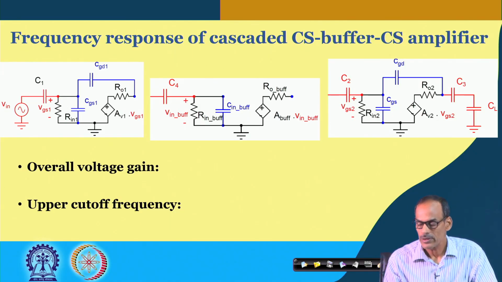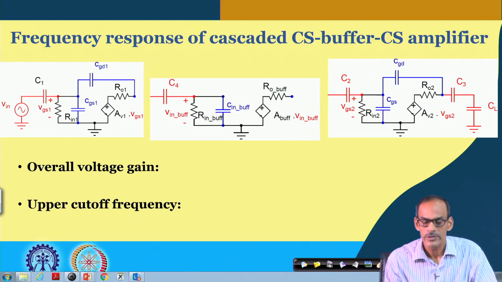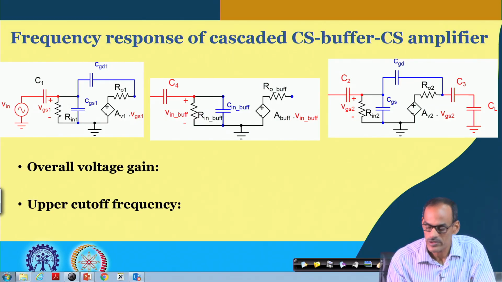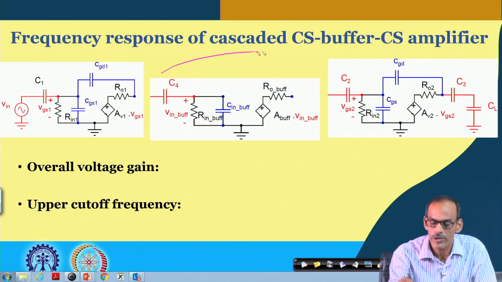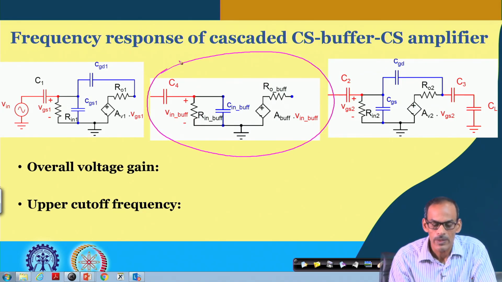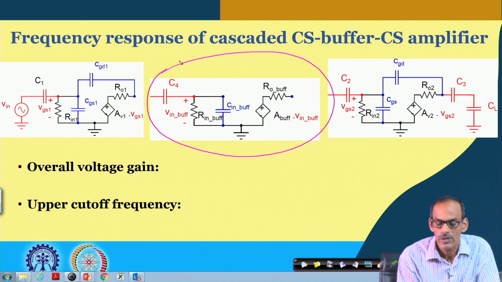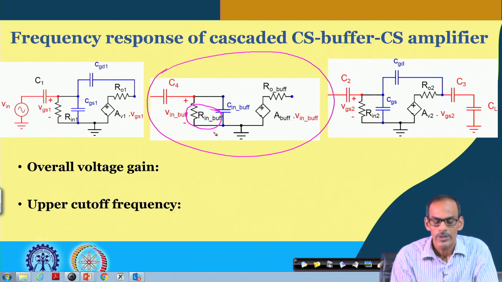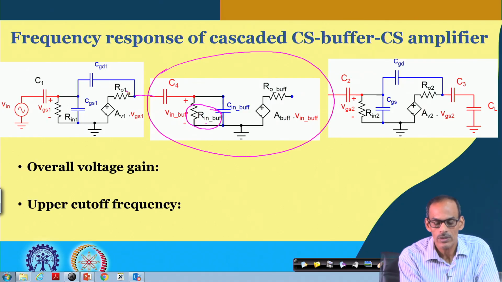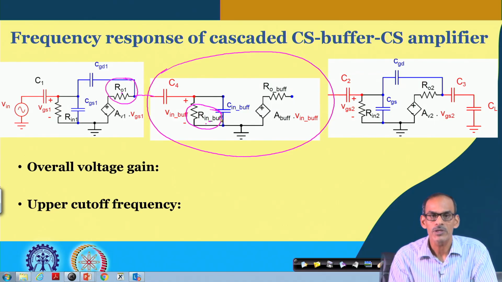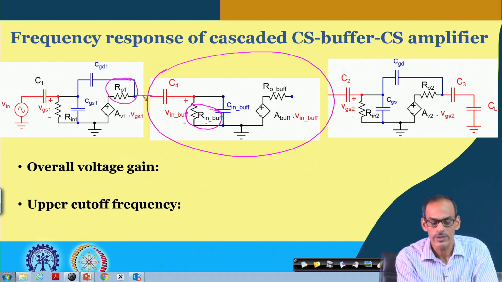If we put a buffer, say some intermediate circuit having some important feature, which we will be discussing, such that the input resistance of this stage, called R in buff, is quite high, then whatever attenuation gets introduced by R O 1 and R in buff, if that is approximately 1, we can say that the cascading effect here is very small.